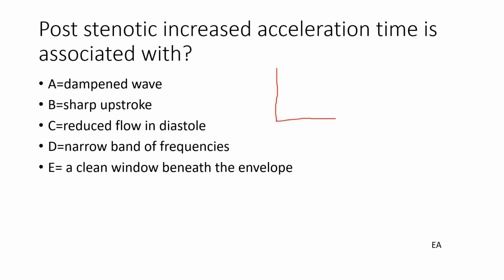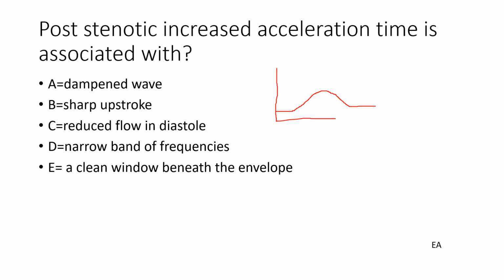So with increased acceleration, systole starts very slow and then comes back here. So the transducer is after the stenosis, or the stenosis is proximal to our transducer.